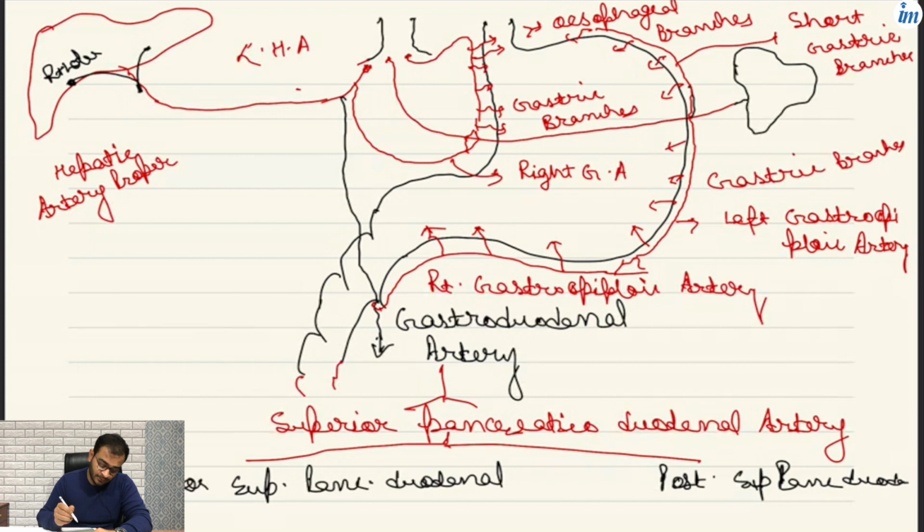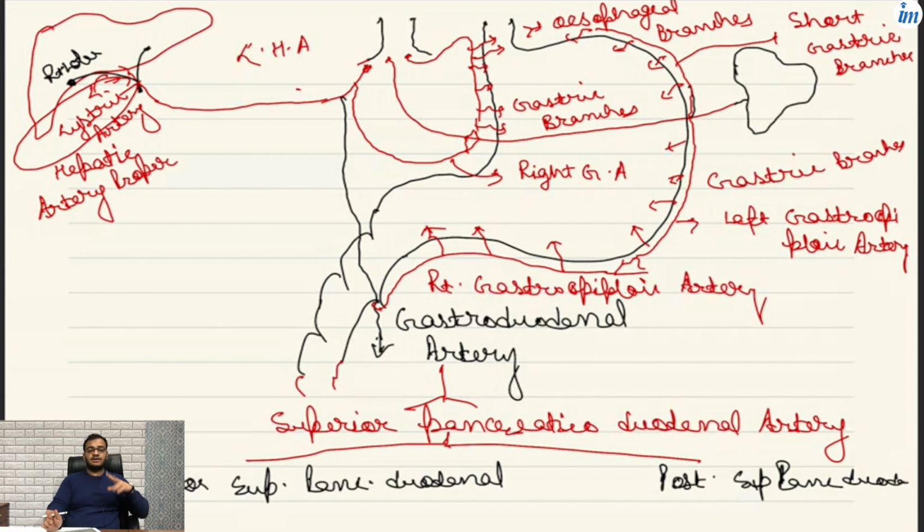If it is supplying the right lobe, this hepatic artery proper gives one more branch, known as the cystic artery. Which one? Cystic artery, which supplies the gallbladder. So this is all about the stomach blood supply.